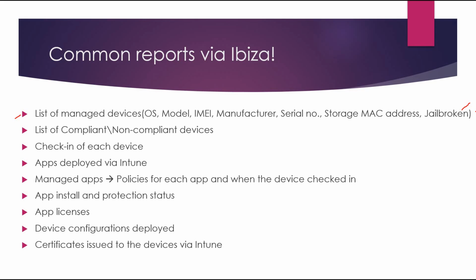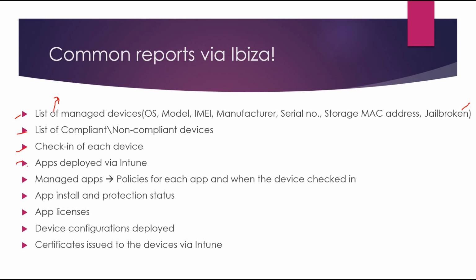It will give us a whole bunch of information when we export that report. And then if we have any compliance policy in place, it will tell us how many devices are compliant, how many devices are not compliant, and how many devices in my environment do not have a compliance policy assigned. It will give us a check-in time for each device. So in this report itself, it will tell us when was the last time that device checked in.